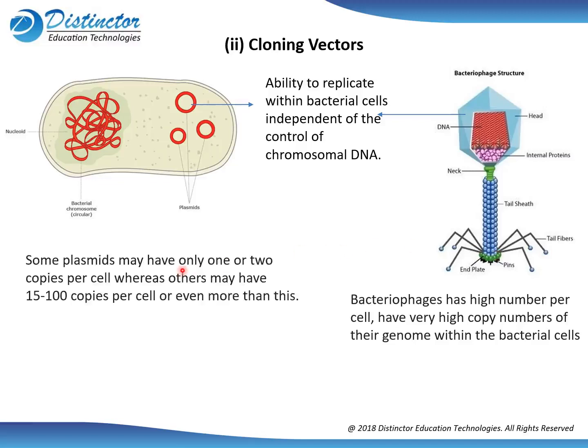Some plasmids have only one or two copies per cell, whereas others may have 15 to 100 copies per cell, or even more. This criterion makes the plasmid a cloning vector. They too have a vector property: they can easily carry information from one bacterium into another bacterium, or one organism into another organism. That is why these two are examples of cloning vectors.